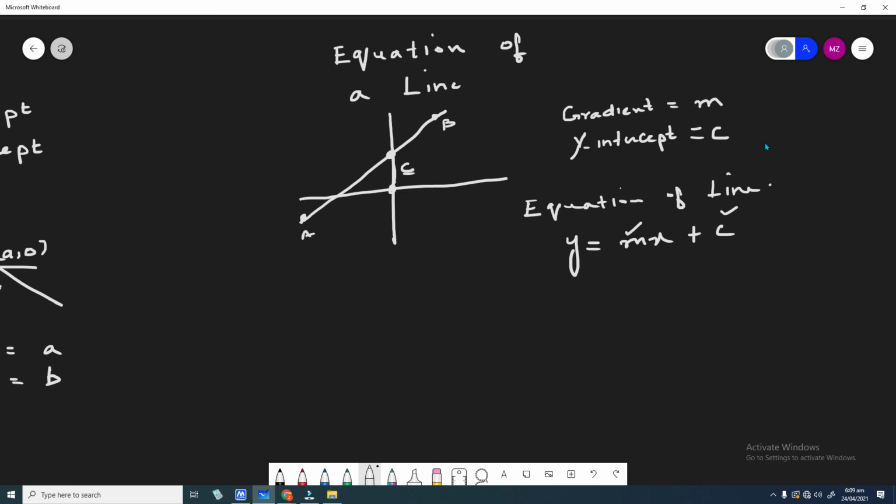It means if you can find in any given question the slope of a line and the y-intercept, you can find the equation of the line by using this relation. Y is equal to mx plus c, and there are of course many other forms of the equation of a line as well.